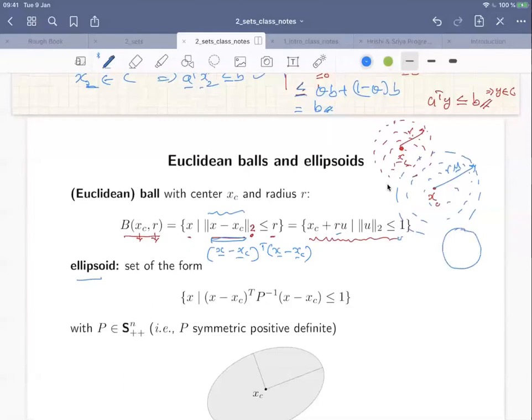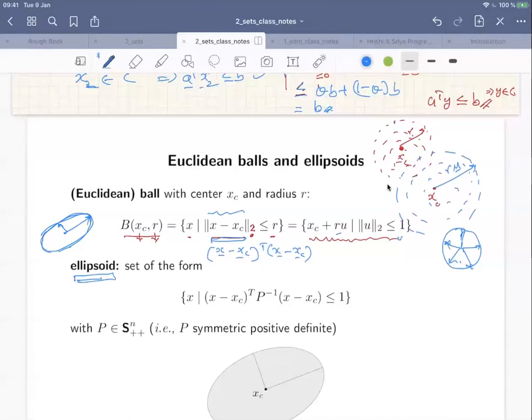It has the same distance in all directions. But what happens if you want something different? I have some preferences across different dimensions. I want this radius to be higher and this to be smaller. Then this shape is called an ellipsoid. So that set is called an ellipsoid.